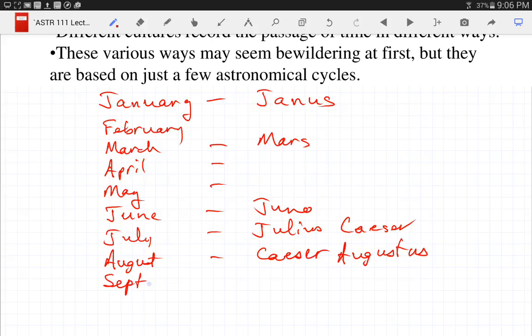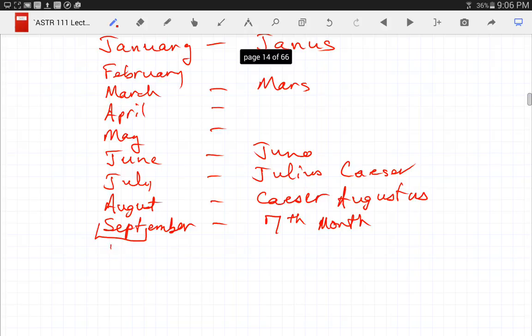And then we get to the ones I want to focus on. September. What does that mean? 7.